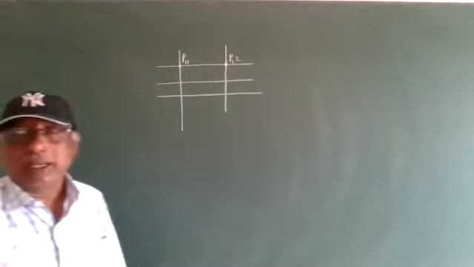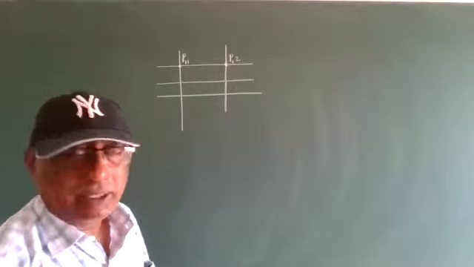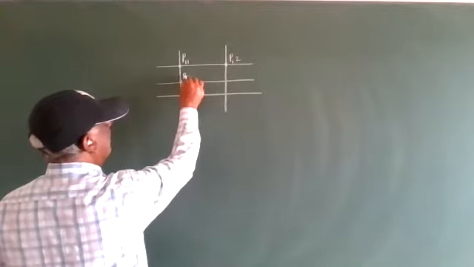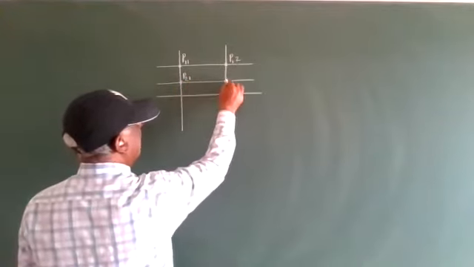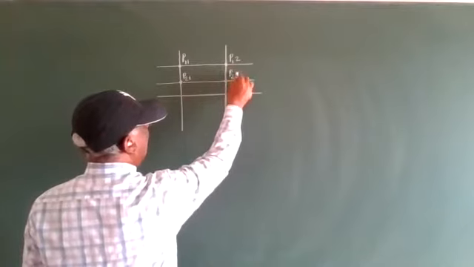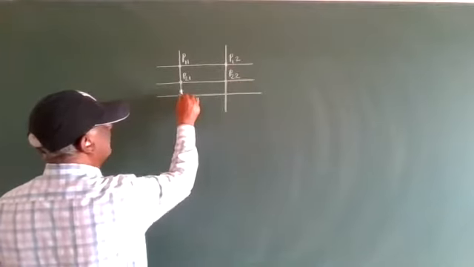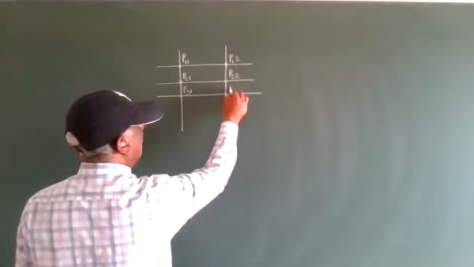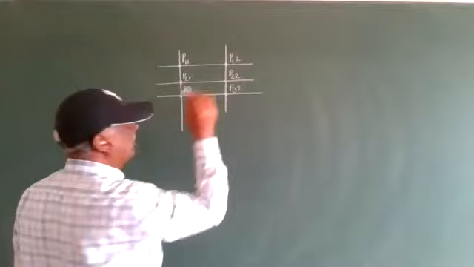Second line, first common point. Second line, second common point. Third line, first common point. Third line, second common point.